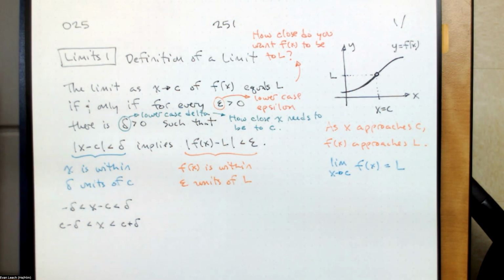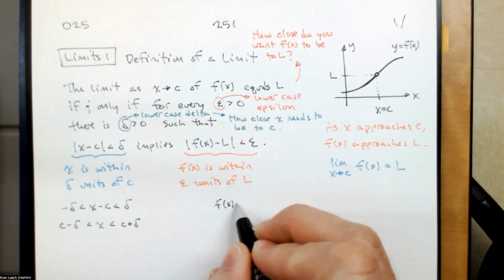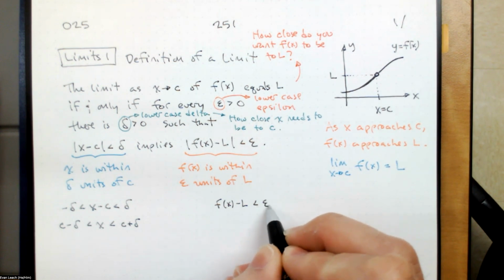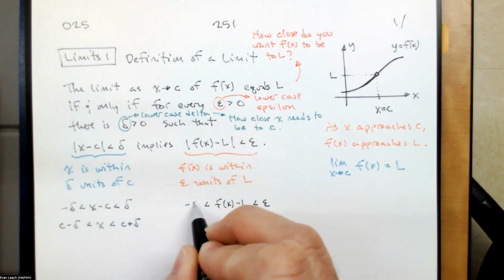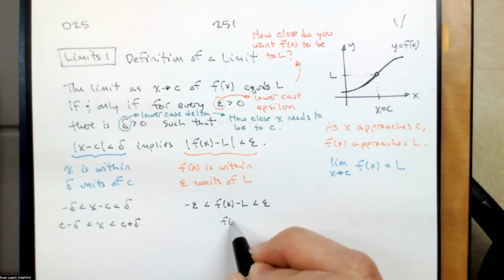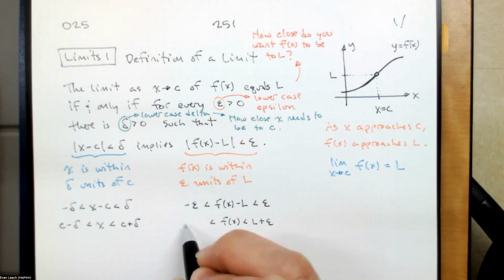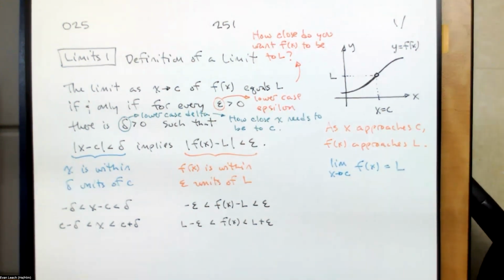Absolute value less than the number means that f of x minus L is less than epsilon, but greater than minus epsilon. That means f of x is less than L plus epsilon and greater than L minus epsilon.